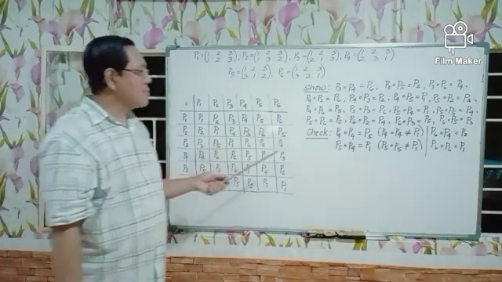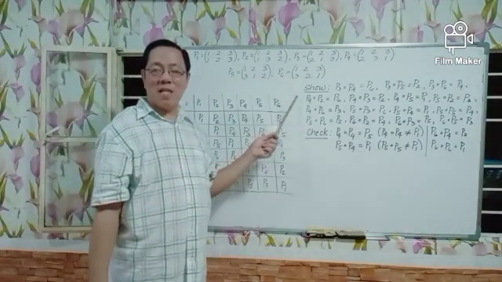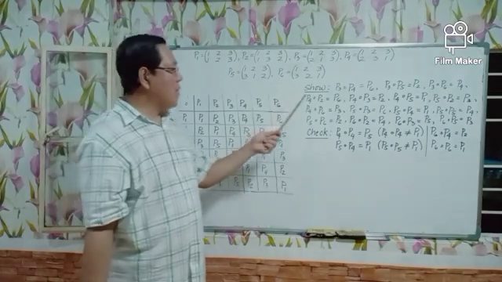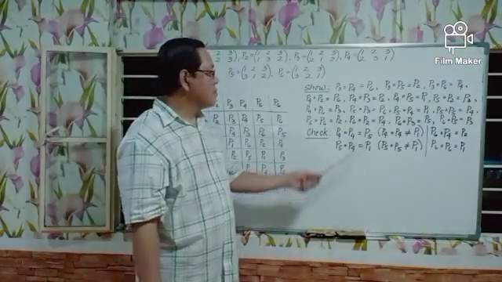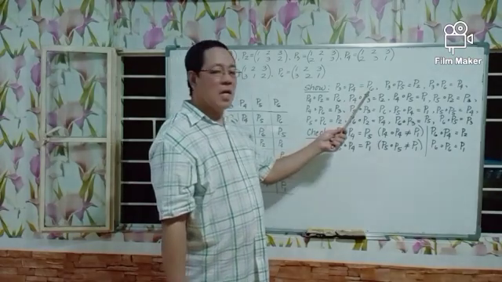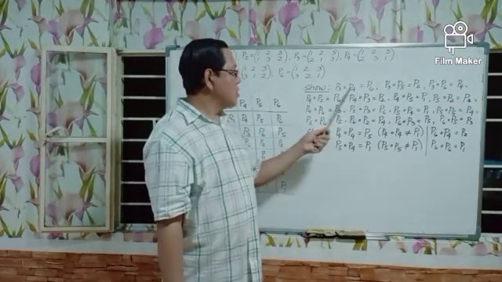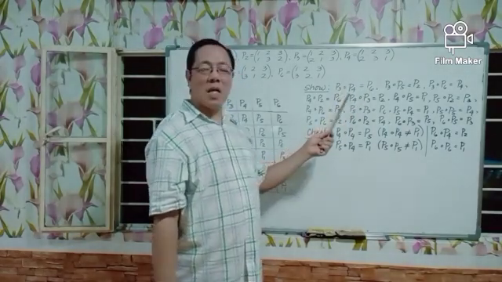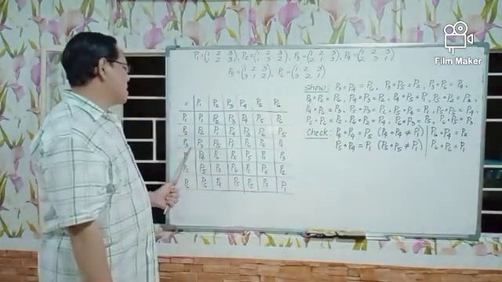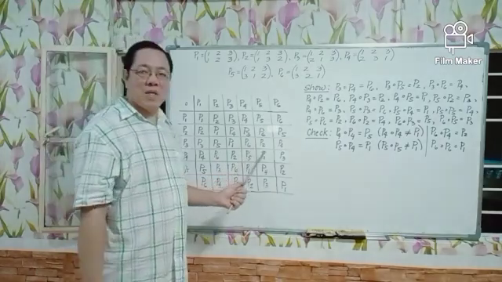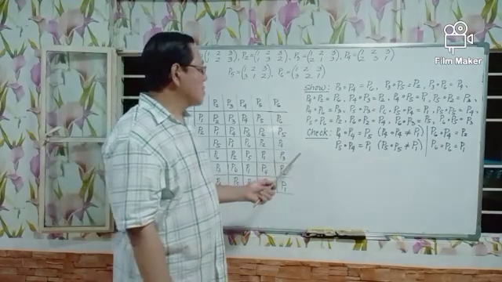And for your exercise, please try to show that the following compositions of functions are equal to their values. Show that composition of p3 and p4 is p sub 6.